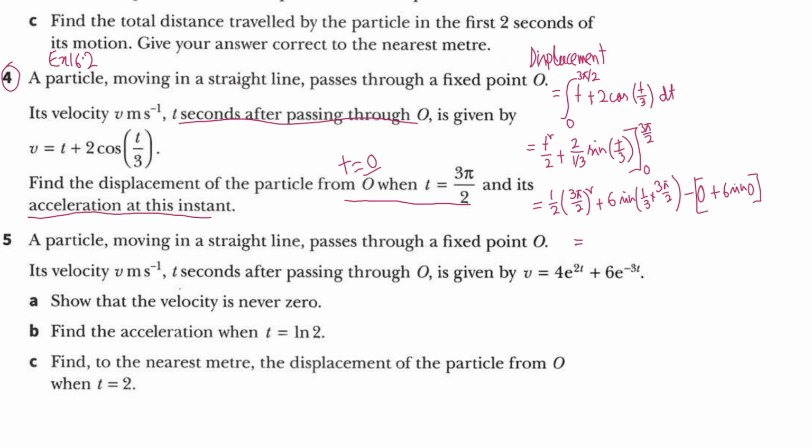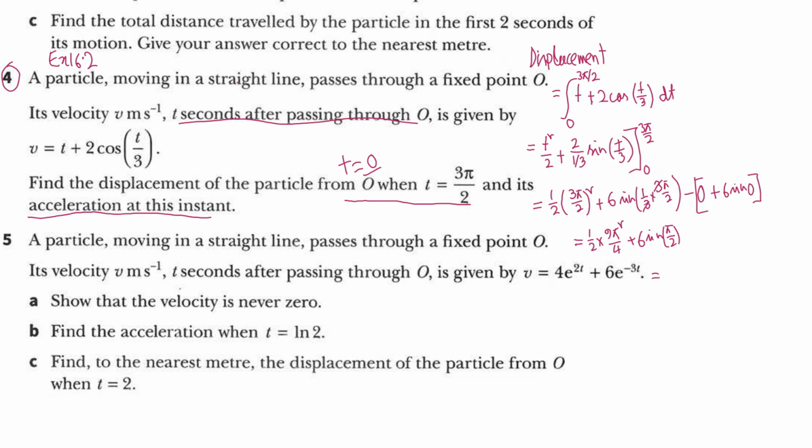We know sine 0 is 0, so the expression comes here. If we calculate manually, half into 9 pi square by 4, plus 6 sine of pi by 2, and we know sine pi by 2 equals 1.